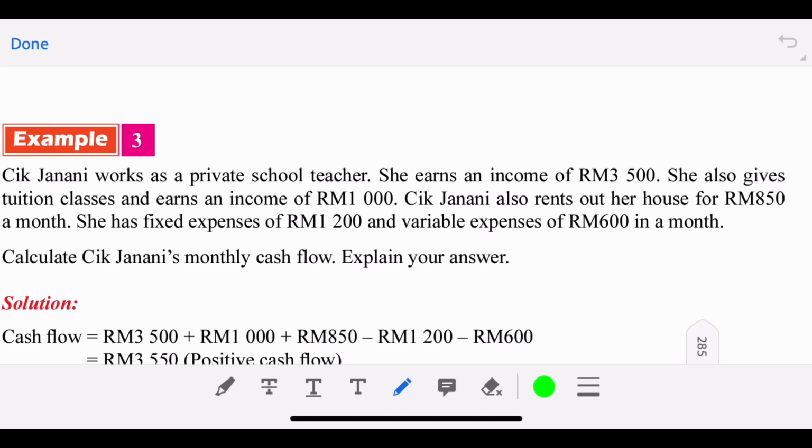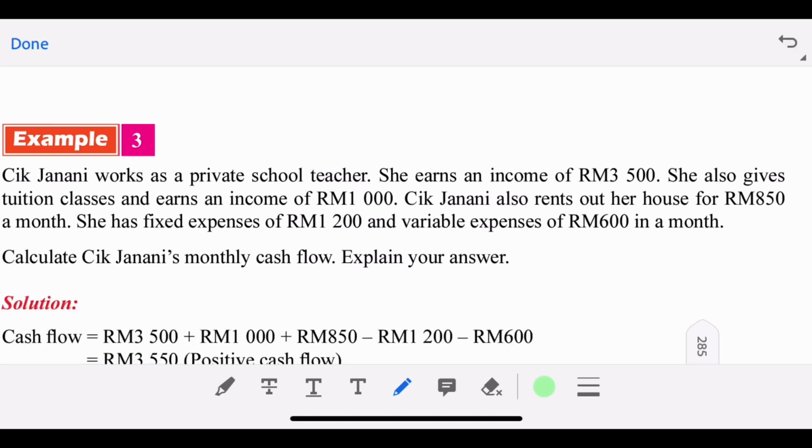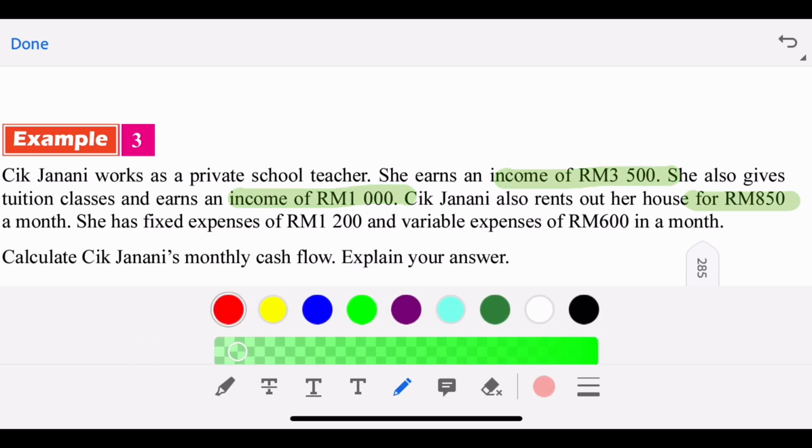Example 3. Cik Janani works as a private school teacher. She earns an income of 3,500. She also gives tuition classes and earns an income of 1,000.